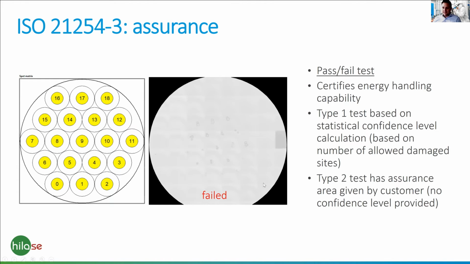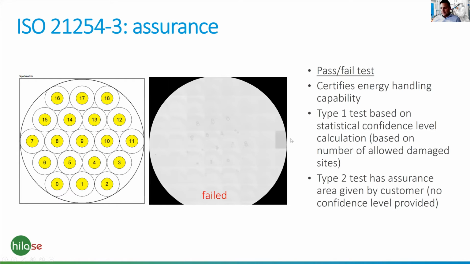The Type 2 test is simpler. The assurance area is given by the customer, so there is no statistic, no confidence level provided. Basically, the customer tells that he, or the sample provider, doesn't want to see any damage, for example, over 10% or 20% or the whole surface, doesn't matter, for fluence 20 joules per centimeter squared and 1000 pulses.